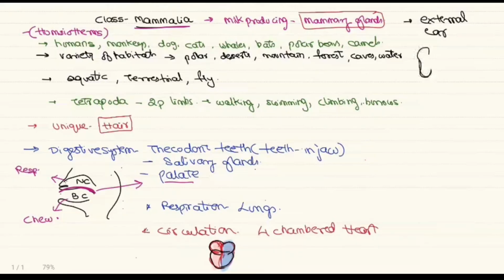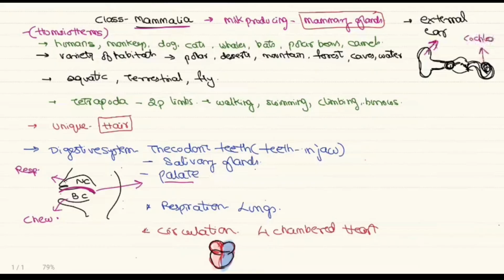And the special property in the mammals is the external ear. So our ear starts with the external pinna, then you have a canal called the auditory meatus, and then we have the eardrum. Besides this, we also have three bones in the ear called the malleus, incus and stapes, and the coiled structure called the cochlea.